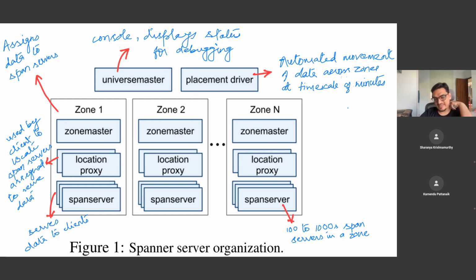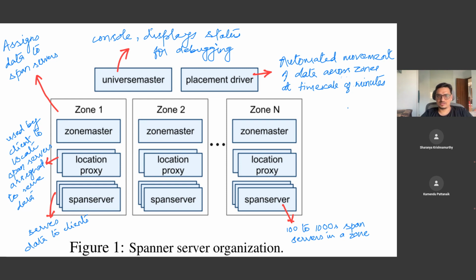If you very quickly want to look at how Spanner looks internally, this is again from the Spanner white paper. You have groups of database servers in different zones. In a zone, you have a zone master which assigns data to something called span servers. Span servers serve data to clients, and the location proxy in between tells the client exactly where in the span servers it can find data.